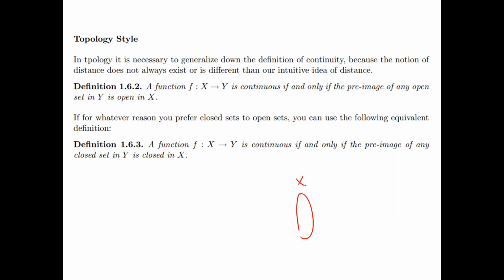So if you have a set X and there is a function that takes it to Y, and let's say 3 is taken to Y and it becomes 6, then the image of 3 is 6, right? And the pre-image of 6 is 3, right?